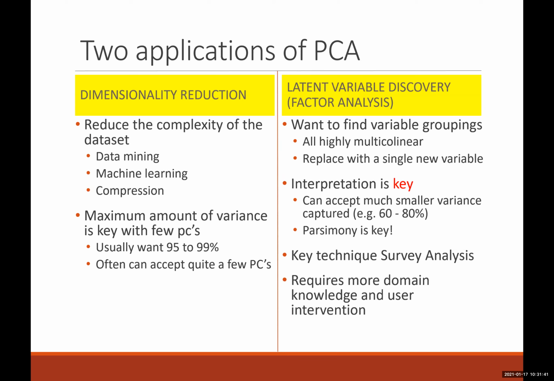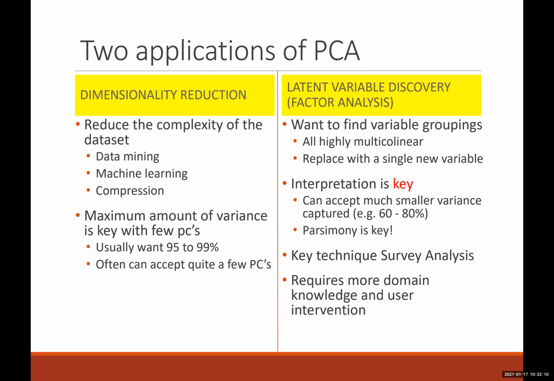So the next important part of understanding principal component analysis, now that we have a foundation of the back end of how it works mathematically, is to understand the applications of principal component analysis. It is used in two different ways. The first way is dimensionality reduction.